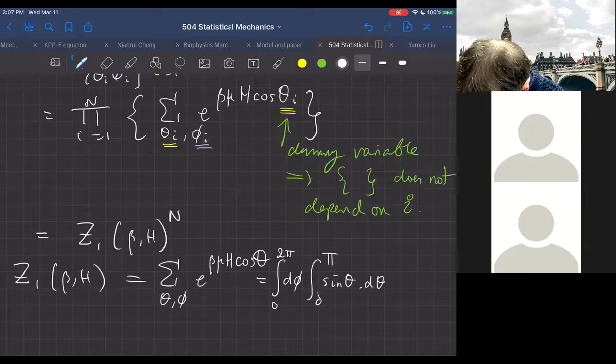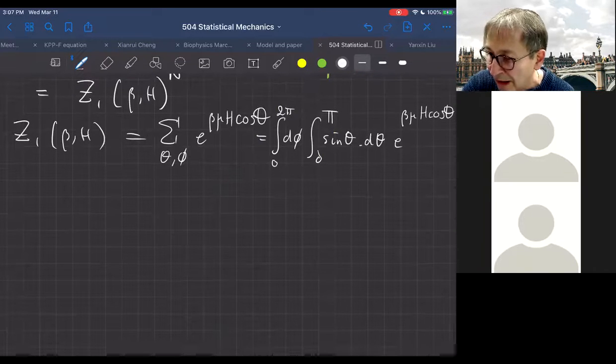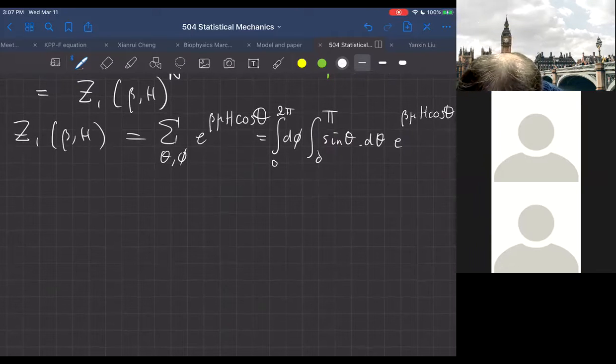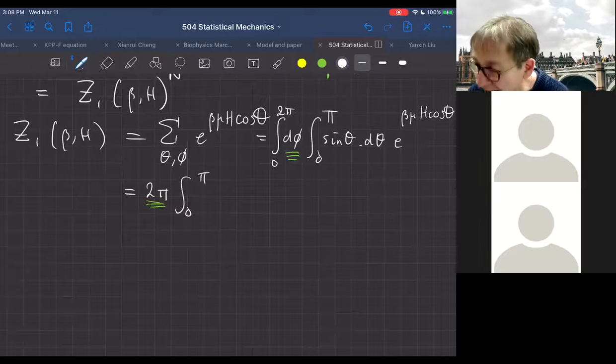And then the thing that is my integrand is e to the beta mu h cosine theta, like that. And so all we have to do is do that integral, and it's easy to do for the following reason. So this I can write as follows. This is just 2 pi. That's doing that integral, and then I can write this integral from 0 to pi sine theta d theta.